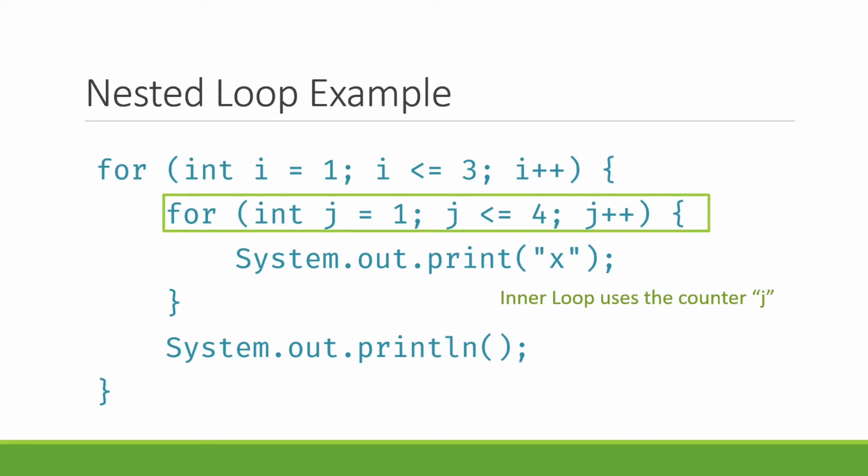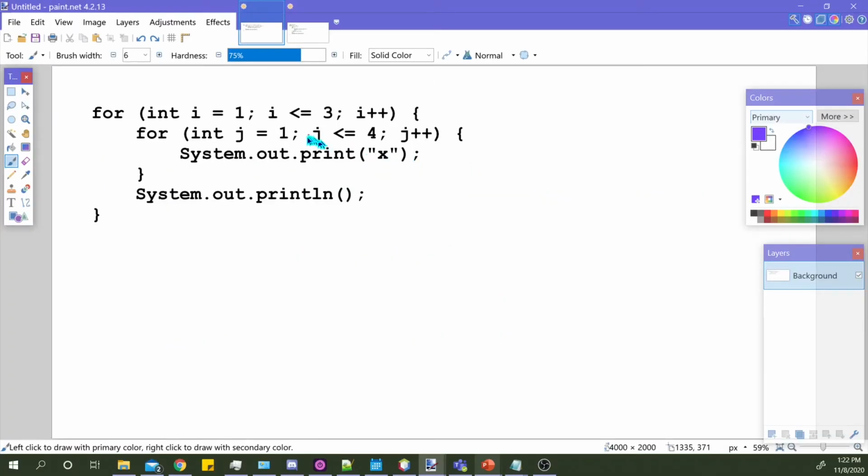Let's trace this code, and that will help us understand how nested loops function together. So we start off with our first, or our outer, for loop, which is counting the variable i. I'm going to start off by initializing my variable i. It starts off with a value of 1. It says so right there, int i equals 1.